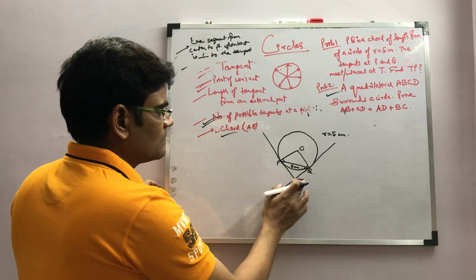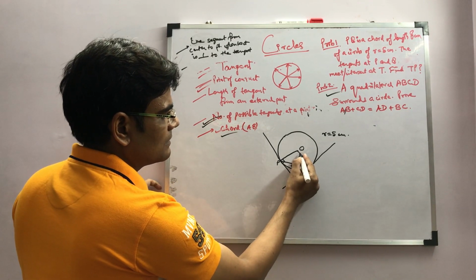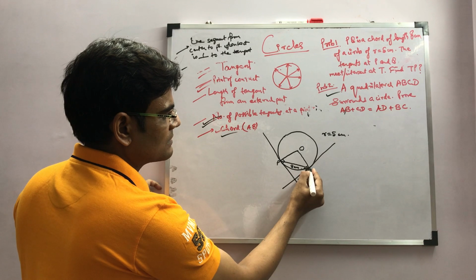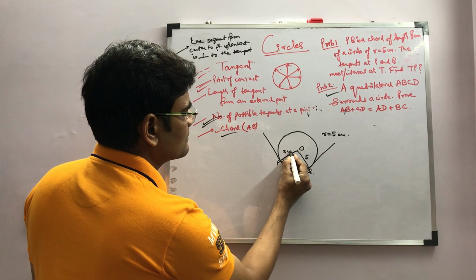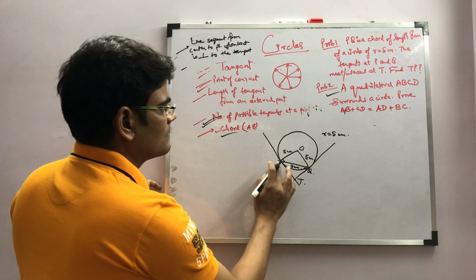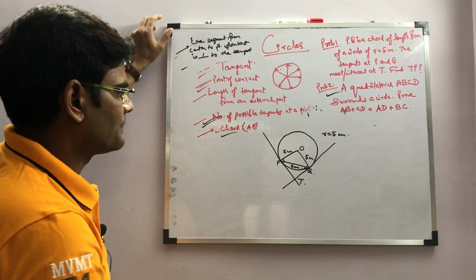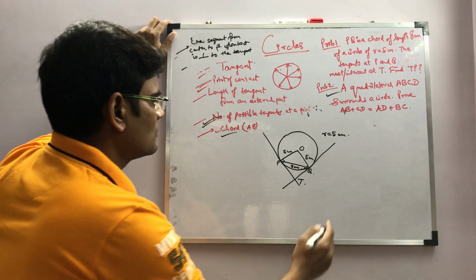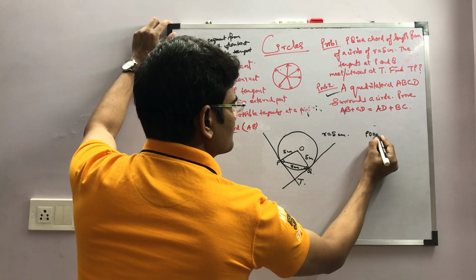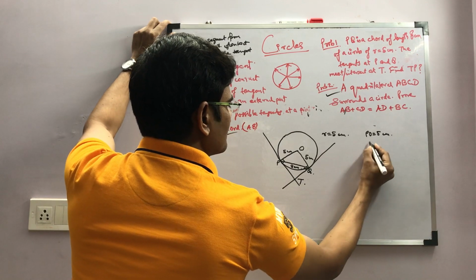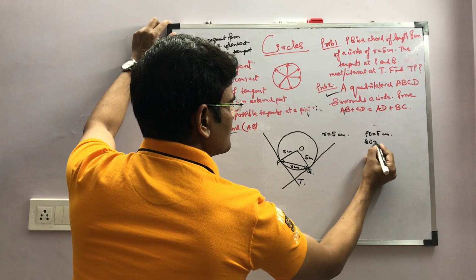These are the inputs, right? Because any line drawn from the center is a radius, right? This radius is 5 cm. This is also 5 cm. This is 8 cm. Now, what all information do you have? PO is 5 cm. QO is 5 cm.